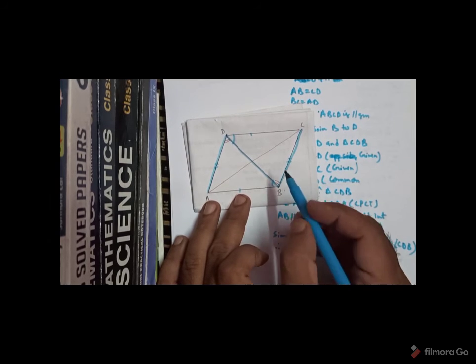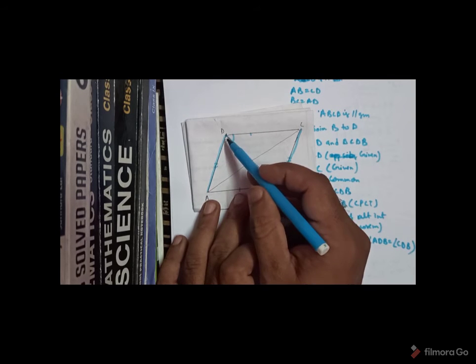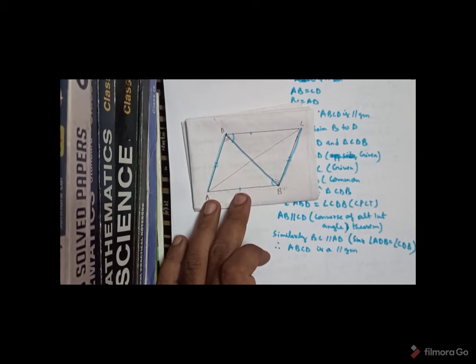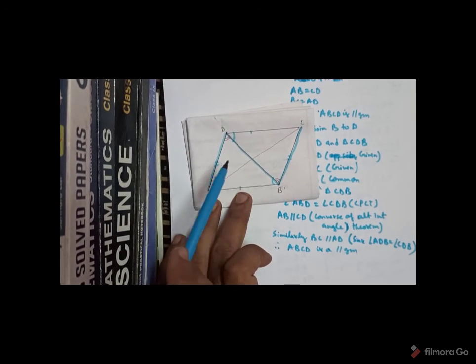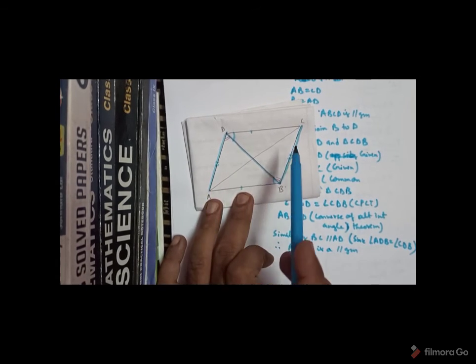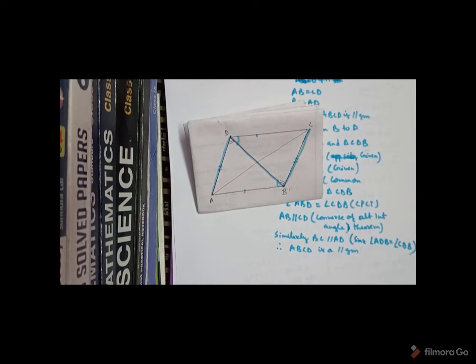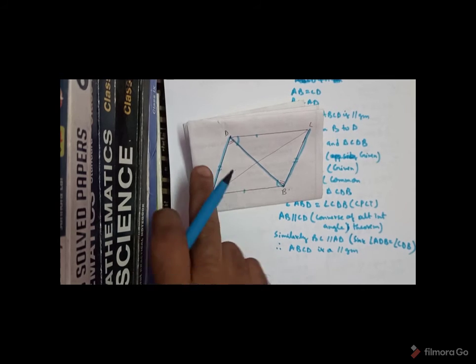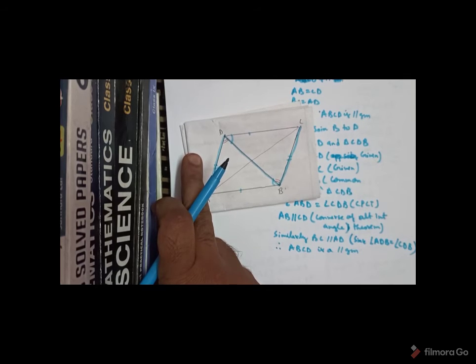So ADB and CDB are equal and they are the alternate interior angles. So by converse of alternate interior angle theorem, if the alternate interior angles are equal, then the two corresponding sides, that is AD and BC, will also be parallel to each other. Okay, so ABCD is a quadrilateral, and if both pairs of opposite sides are parallel, then the given quadrilateral is a parallelogram.